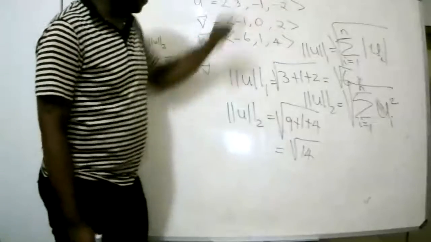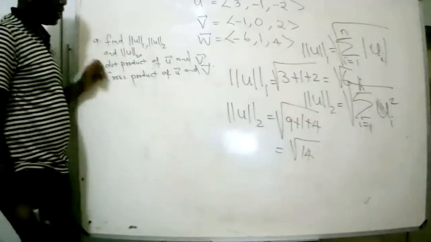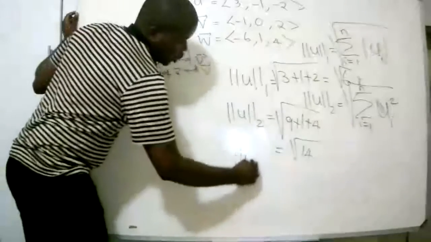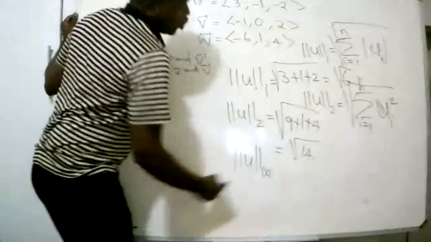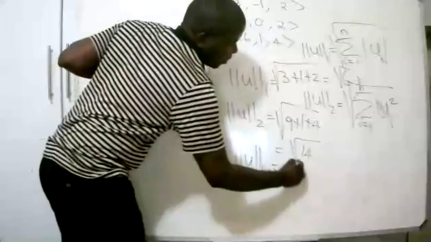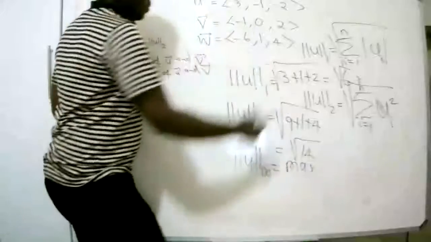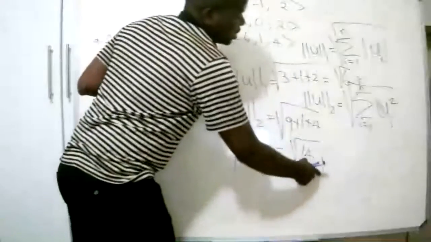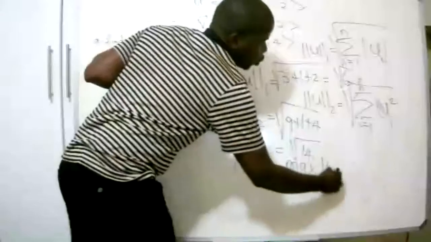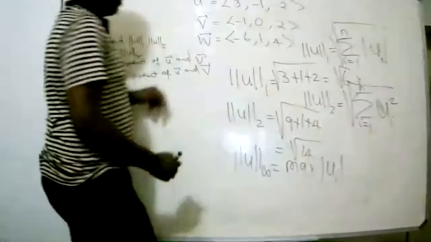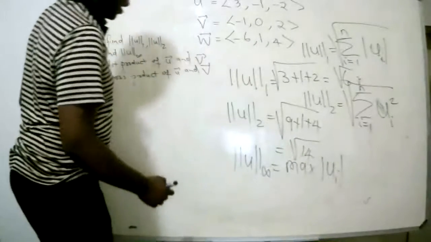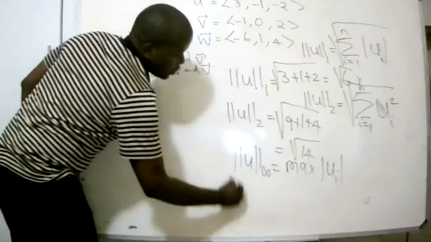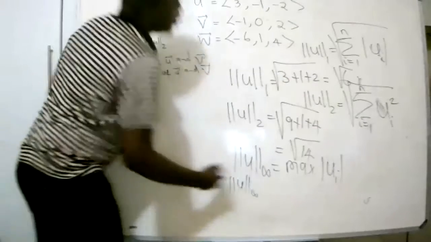Then after that, we are going to the last one, which is the infinity norm. What is the infinity norm? The infinity norm is the maximum of the absolute values of u. So let's check the maximum of the absolute values of u and see which value we get.